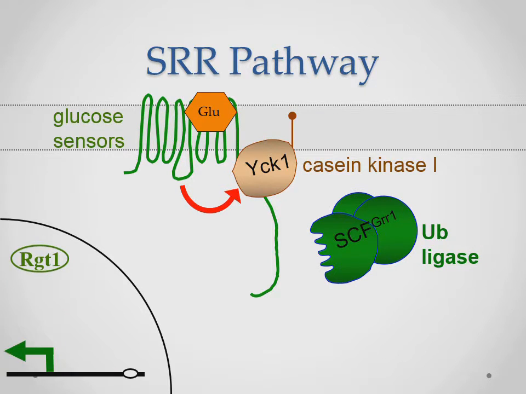We get removal of RGT1 from the promoters of the Hxt genes, and we get expression of hexose transporters. So this is a quick mechanism to enable cells to detect external glucose and then produce hexose transporters, enabling them to utilize that carbon source.